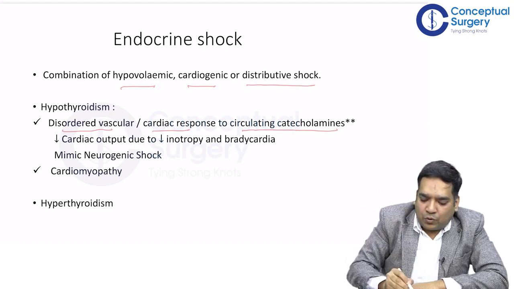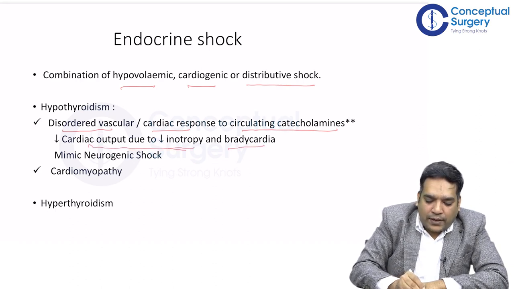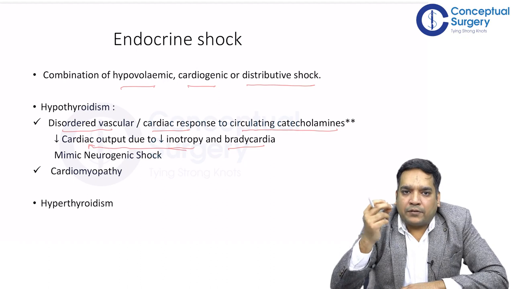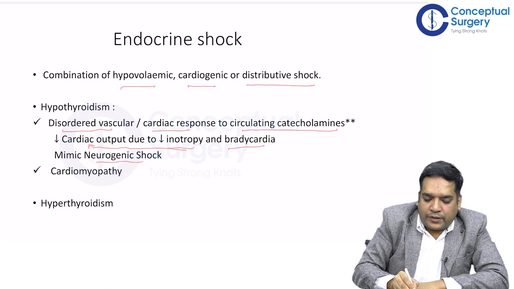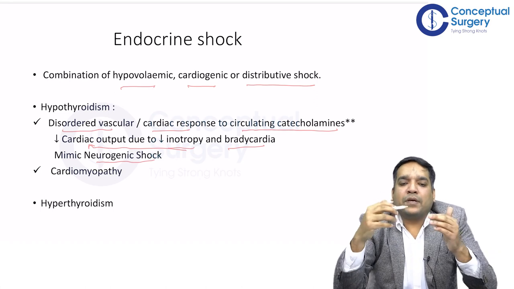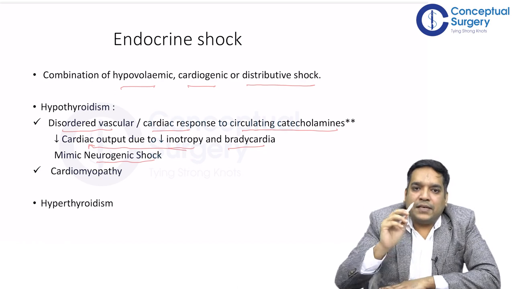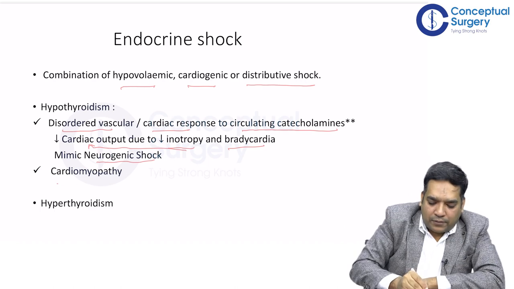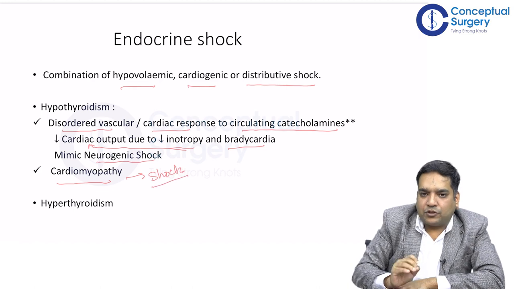This leads to decreased inotropy and bradycardia, which in turn lead to decreased cardiac output, right? So in a way, hypothyroidism mimics a neurogenic shock, right? Because in neurogenic shock there is decreased sympathetic outflow. Hypothyroidism is also giving rise to a similar picture. Apart from this, hypothyroidism also causes cardiomyopathy, which can also lead to shock, basically a cardiogenic shock, right?